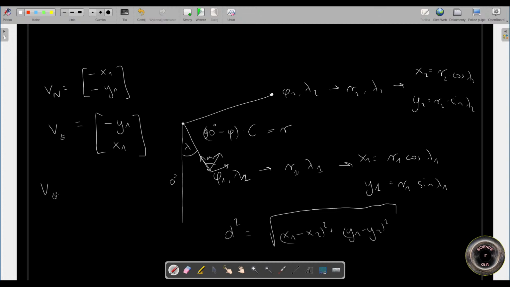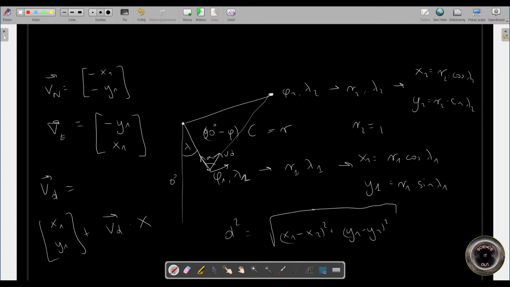Again, we can calculate the direction vector, this initial direction, in exactly the same way. So north vector times cosine alpha plus east vector times sine of alpha, and then we can just take x1, y1 plus vd times x, which x is the distance in this case, and so we land here, and from x2 and y2 we can recover r2 and lambda 2 very easily.